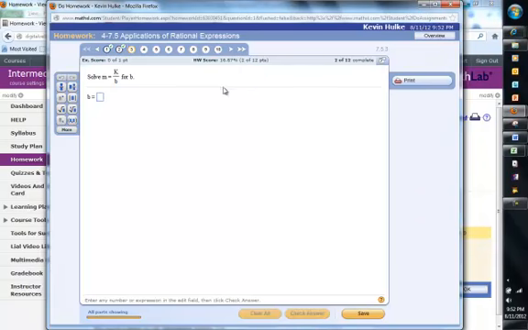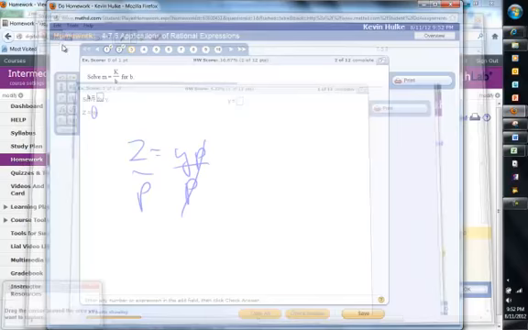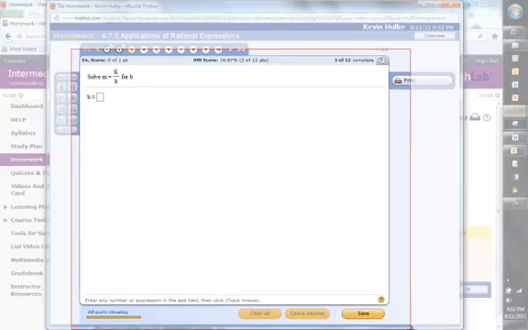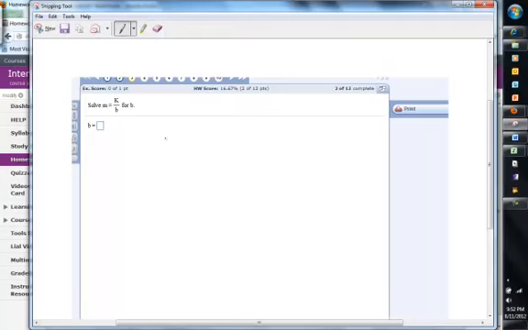Number 3, solve for m. Okay, m equals k over b. Oops, solve for b. We want the b all alone. So let's multiply both sides by b.